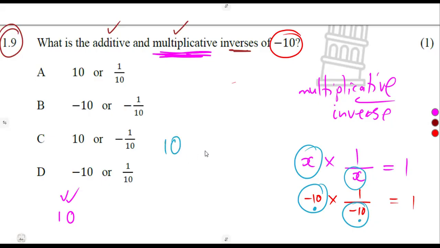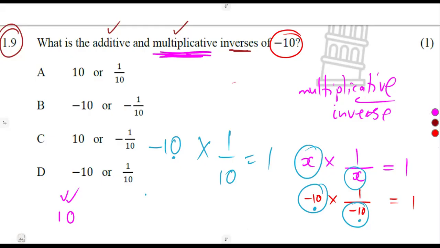So if it was 10, the multiplicative inverse, if this is 10, it must be 1 over 10 to give us a 1. So when you put a negative, this must be a negative also. So it's negative here. But we know when writing the numbers, guys, we cannot write like 1 over minus 10. The negative goes up. So it will be minus 1 over 10. All right. So that is our condition, guys.